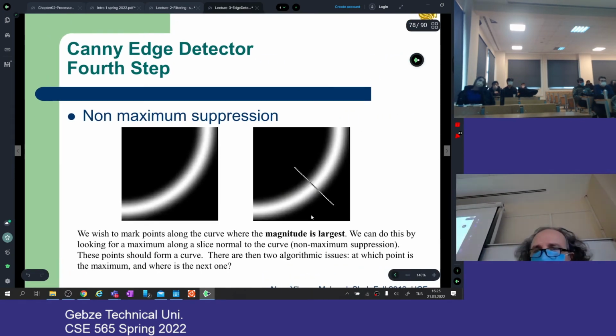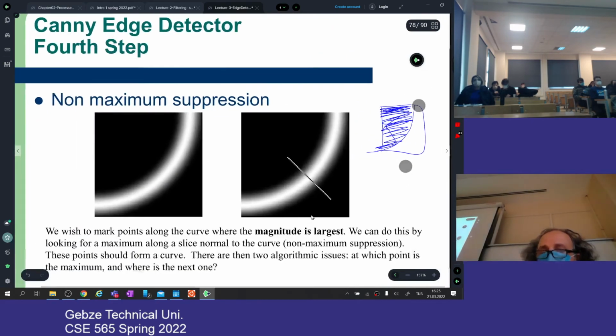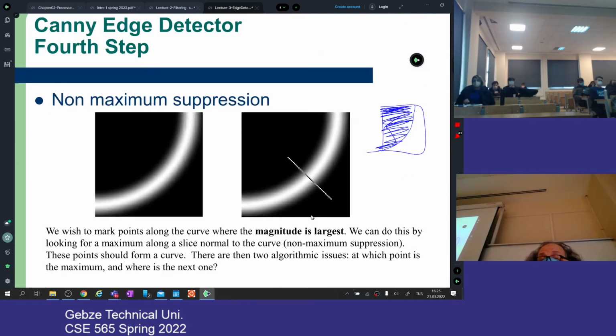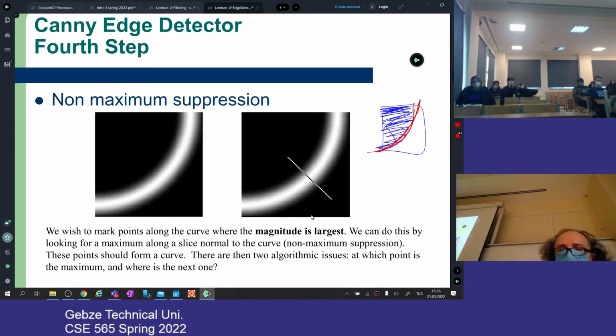Let's say I have an image like that. In this image, this part is dark and the rest of it is bright. If you take the gradient of this image and take the magnitude, this is what you're going to get. Around this part you would expect the edges, but because of the smoothing, the gradient magnitude is very large around this edge of the circle, the edge of the disk, and for the rest the gradient is very low.